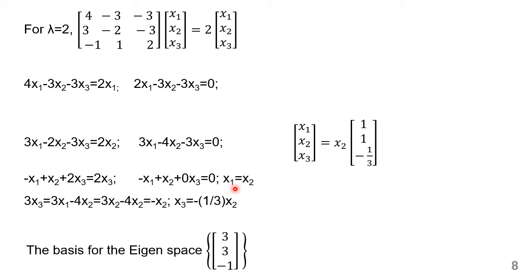Once I know x1 is equal to x2, I can get 3x2 is equal to 3x1 minus 4x2. That will give me minus of x2. So therefore, x3 is equal to minus 1 by 3 x2. So you can substitute in the very first equation. We have got from here x1 equal to x2, so we can verify this here.